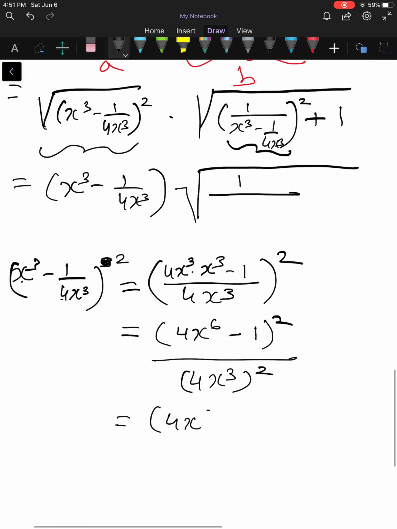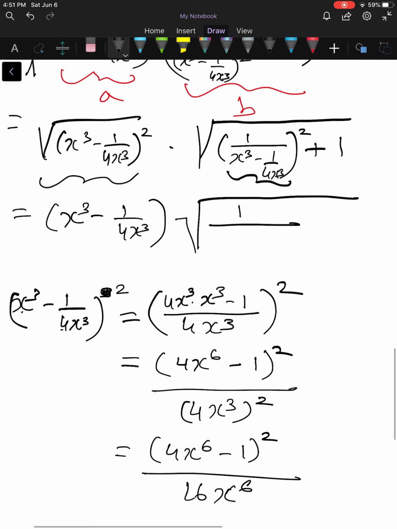So now we get this to be equal to (4x⁶ - 1)² divided by (4x³)². What do we get here? Retain (4x⁶ - 1)² as it is, and the denominator will be 4 4s are 16, x³ times x³ is x⁶. That you can substitute in the above expression.